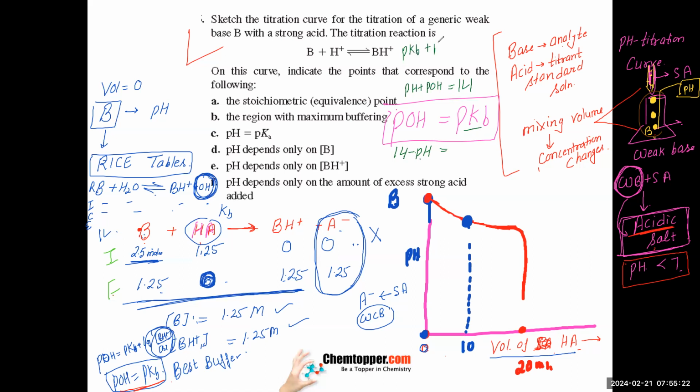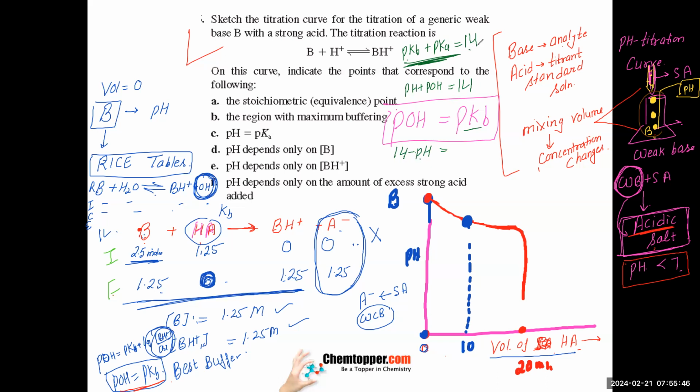pKb plus pKa is equal to? Yes. This equation also we did. We proved the equation also. Ka times Kb is Kw. So pKb plus pKa is pKw. So pKw is, yes, Sanjana, 14.